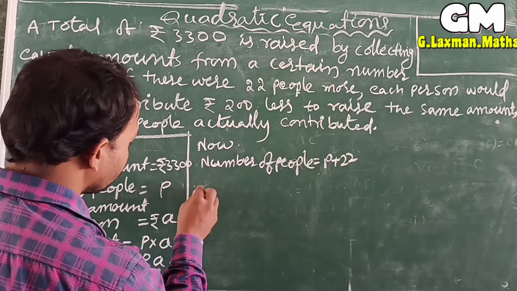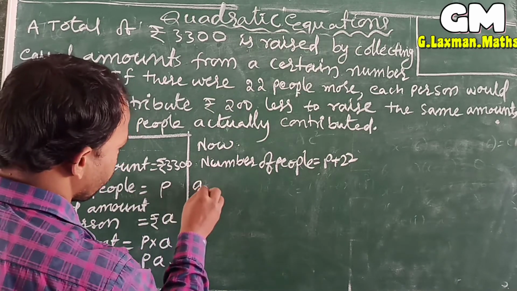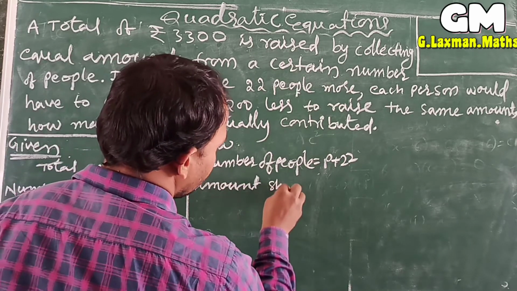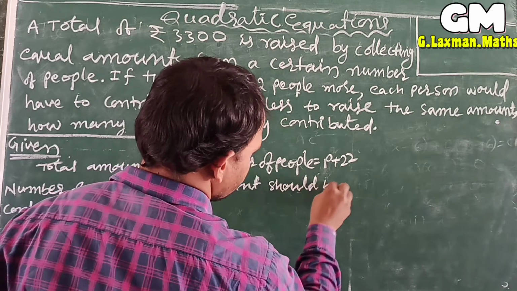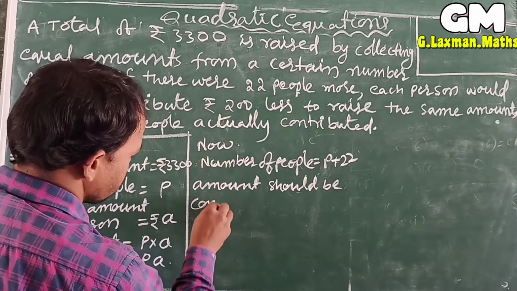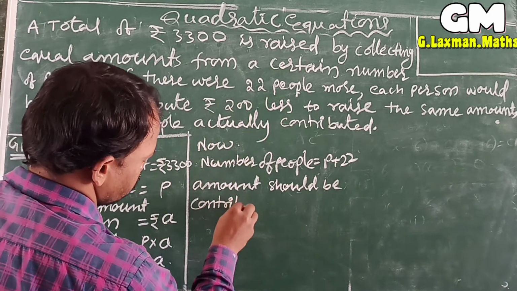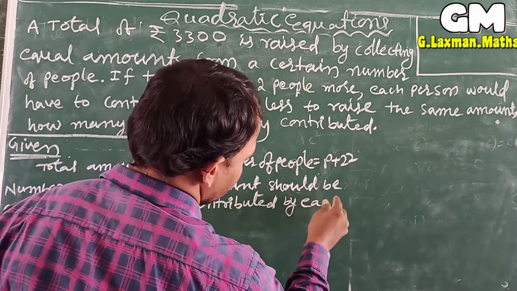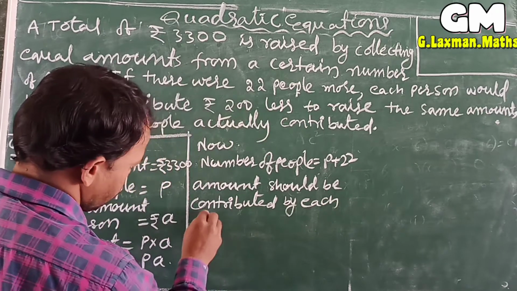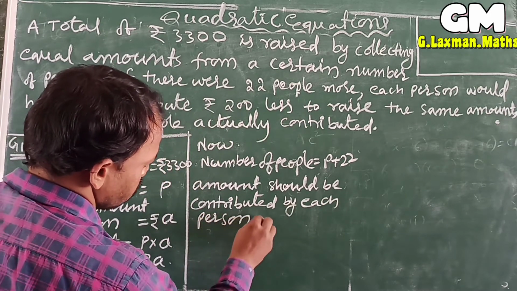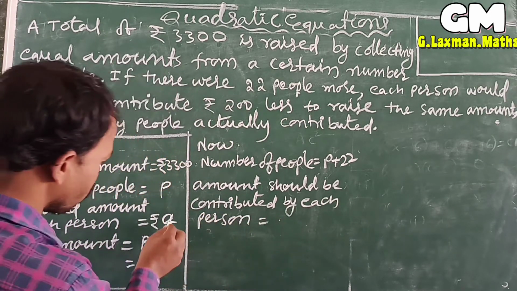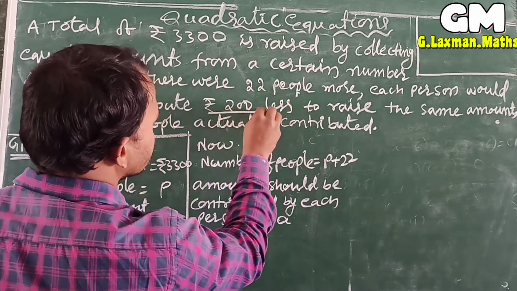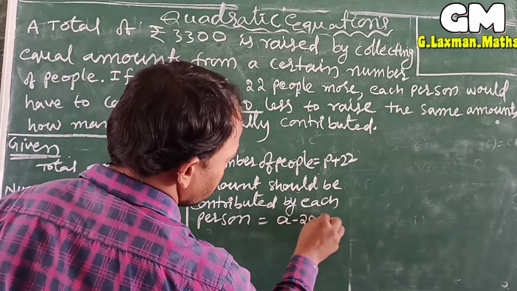So now the amount contributed by each person is equal to, what is the amount A here? They are contributing 200 less, so A minus 200.